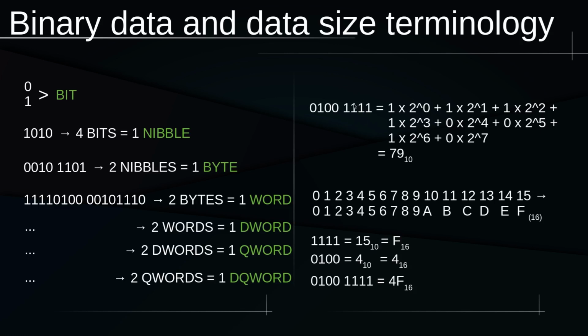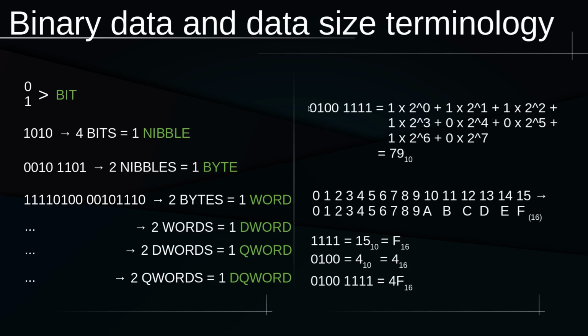Then plus 1, this third one here, multiplied by the base 2 raised to the power of 2, plus 1 multiplied by 2 raised to the power of 3, plus 0 times 2 raised to the power of 4, and so on until we get to this one here, which is the sixth. So this is 0, 1, 2, 3, 4, 5, and 6.